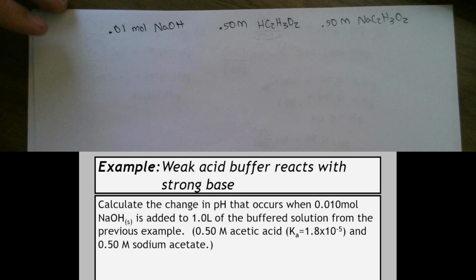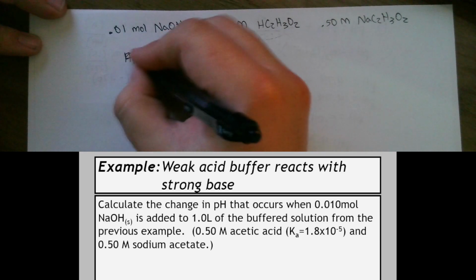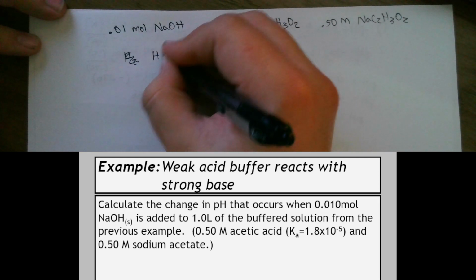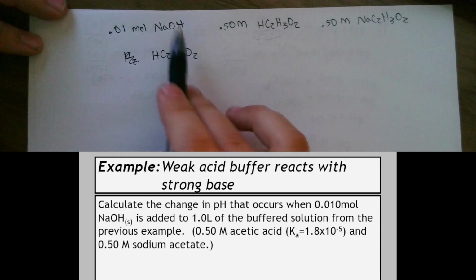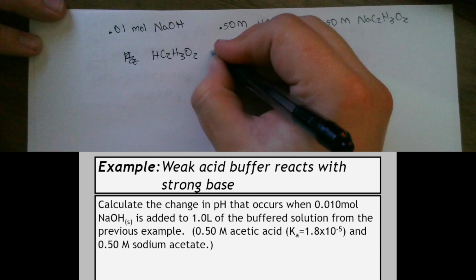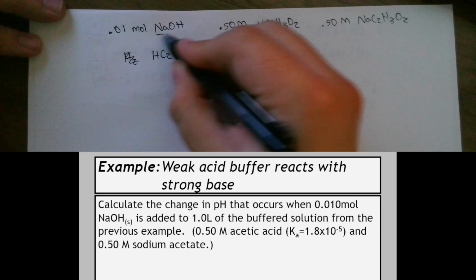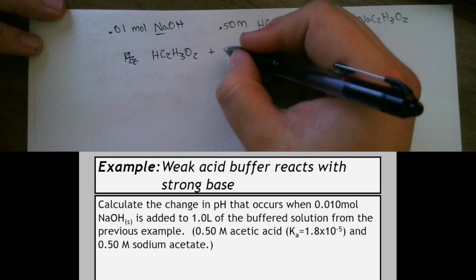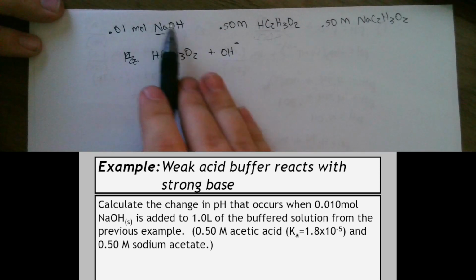I have my acetic acid, HC2H3O2. This is my acid. When I add base to it, these are the things that are going to react. It's going to react with NaOH. I don't care about the Na again, it's not really a part of this, so you can write it if you want, but I'm just going to write OH minus, because that's all we care about.